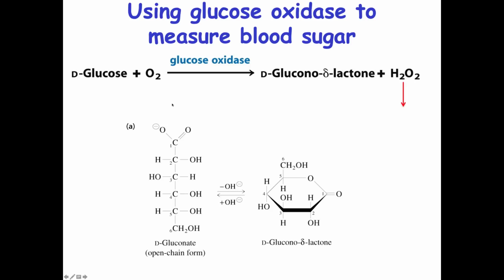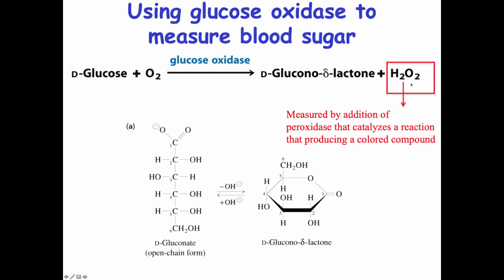And these are the structures here. Now, hydrogen peroxide is the molecule that's actually measured, and again, this is another enzymatic reaction. A peroxidase is added, and that catalyzes a reaction that produces a colored compound, so we can measure this spectrophotometrically.